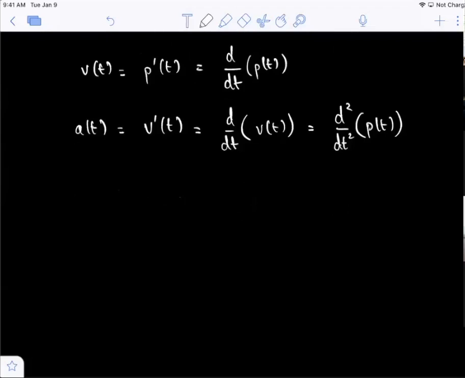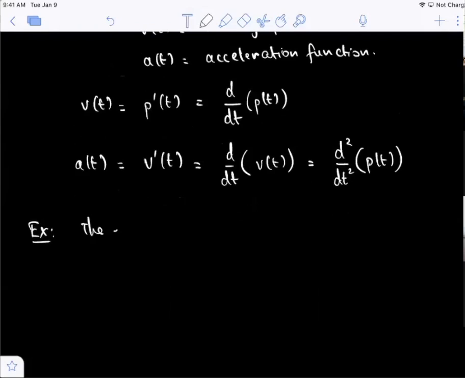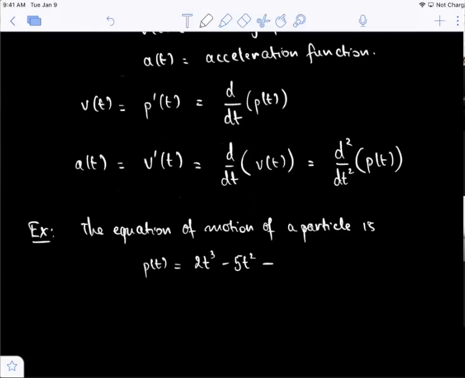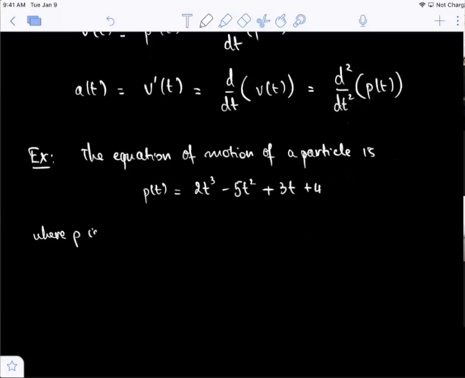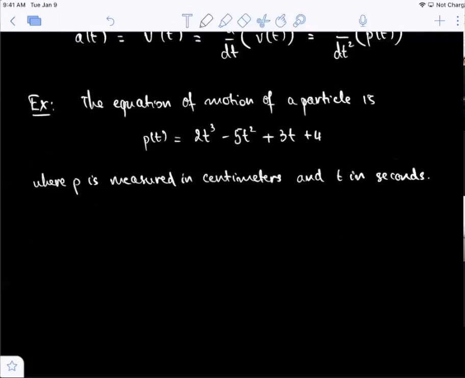So that's the relation between position function, velocity function, and acceleration function. All right, so let's take a look at the example here. The equation of motion of a particle is P of t equals 2 times t cubed minus 5t squared plus 3t plus 4, where P is measured in centimeters and t is in seconds.